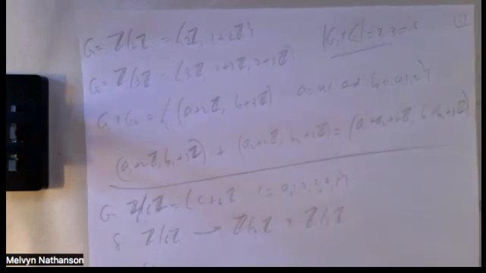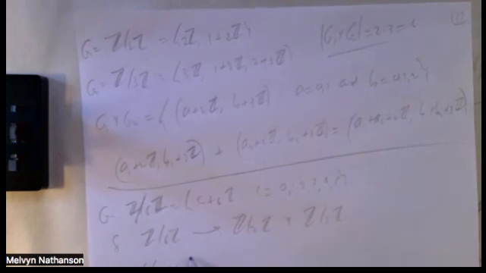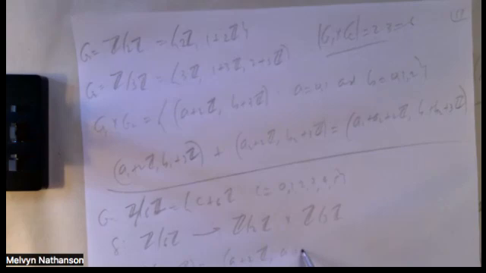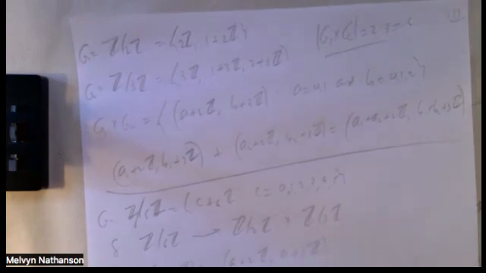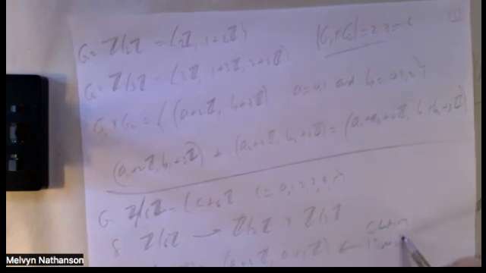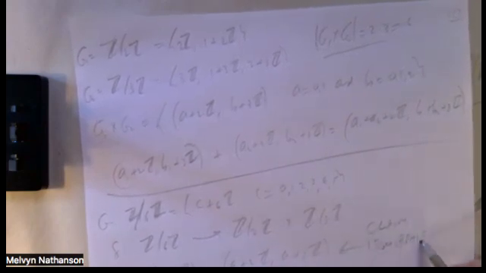Define this by f of a plus 6Z is equal to a plus 2Z, a plus 3Z. I claim that this is an isomorphism.